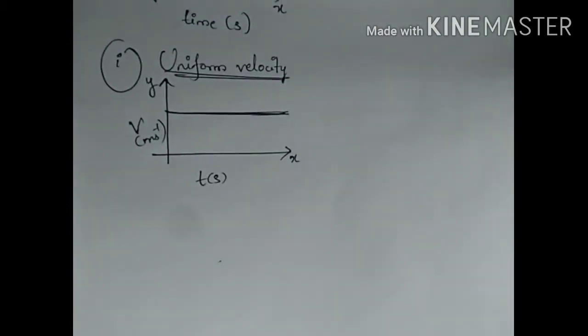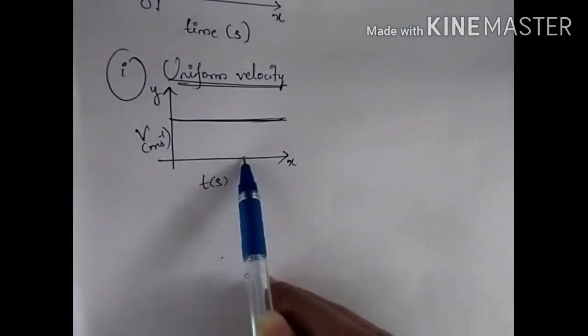This is for uniform velocity. When do we get this kind of graph? When the change in the displacement of an object is almost constant, then we will get uniform velocity, wherein the straight line will be parallel to the time axis. Which is shown here.